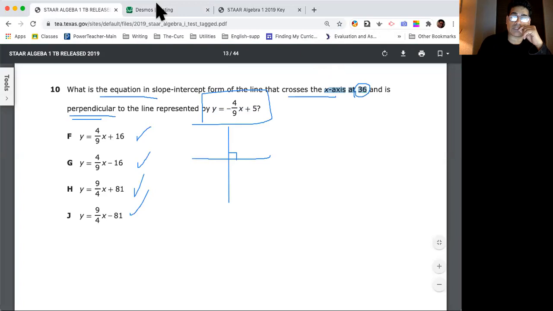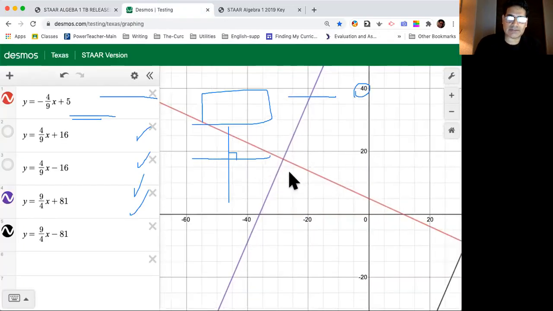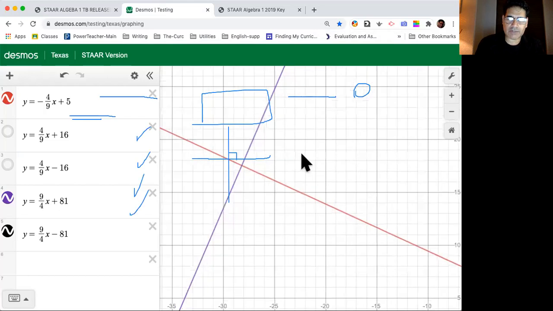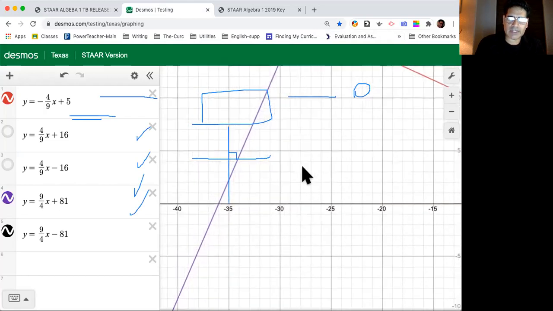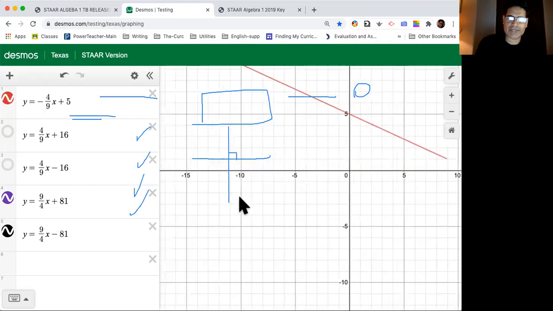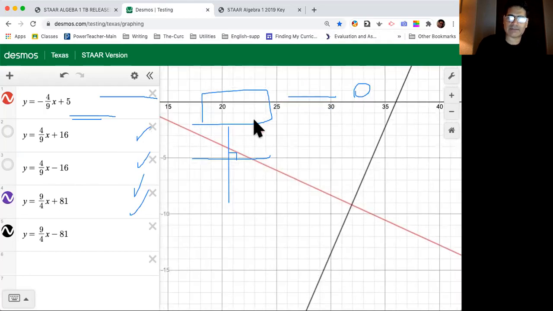So which one of these crosses the axis at 36? Let's see. Let's take a look at this one here. Where does it cross? So it's perpendicular. It sure looks that way, right? Okay. And 35, 36, sure enough, that one over there crosses the axis at, wait, whoa, back up.